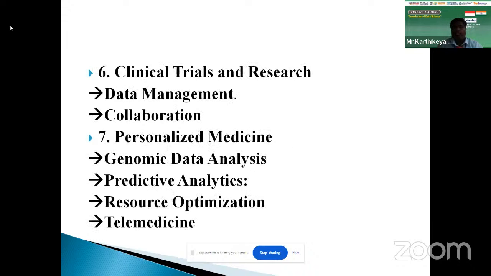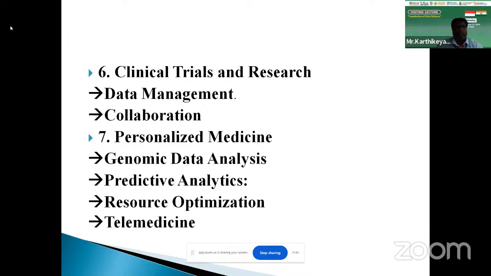And next one, clinical trials and research, and personalized medicine. Clinical trials and research follows data management and collaboration. And personalized medicine follows genomic data analysis, predictive analysis, resource optimization, and telemedicine.